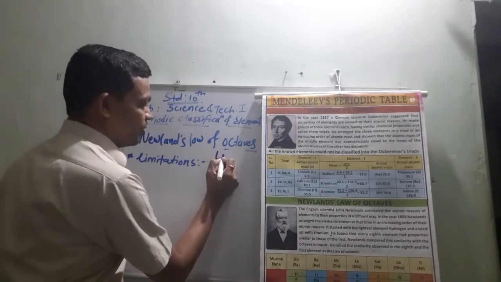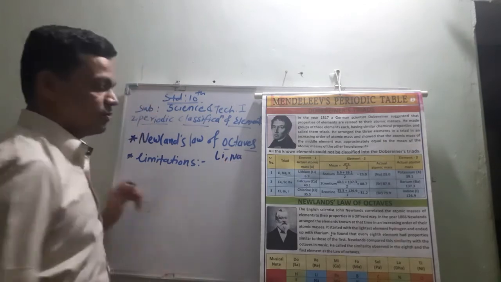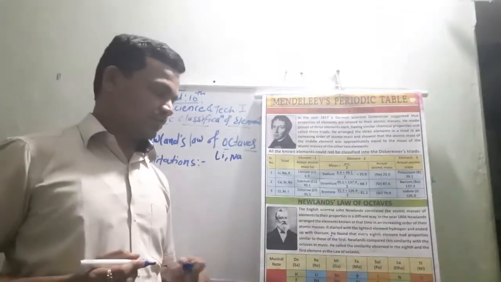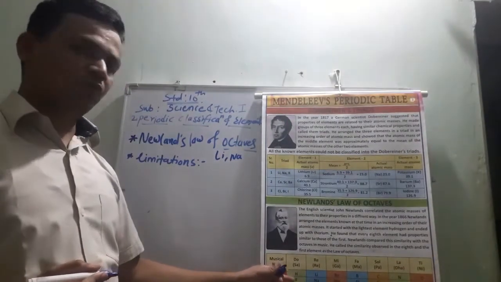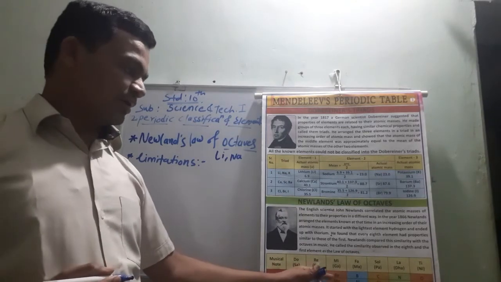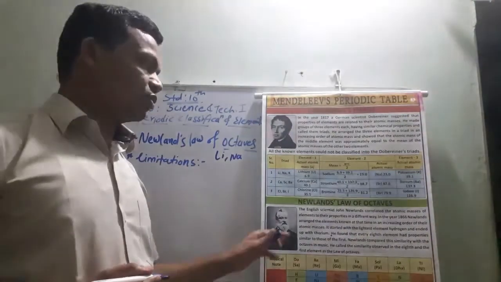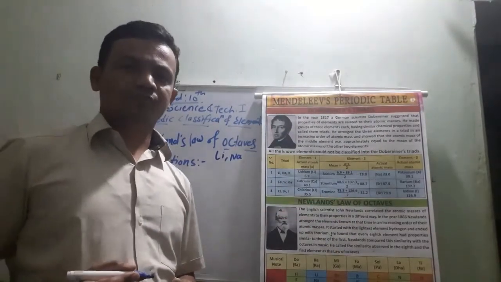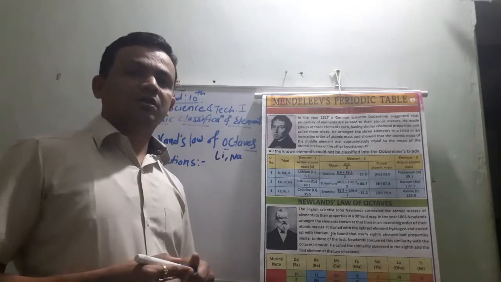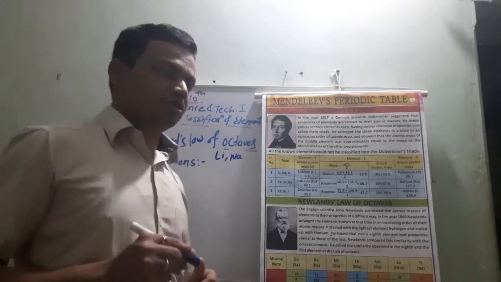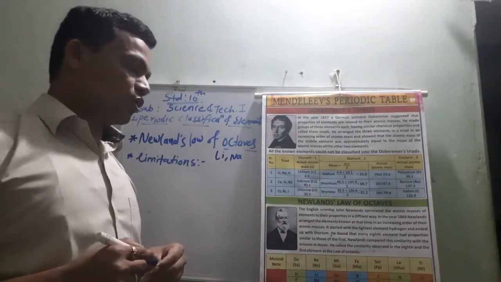Therefore, the properties of lithium and sodium are similar. In the same way we have seen fluorine and chlorine, or magnesium and calcium. Different examples we have seen that follow the law of octave. But there are some limitations in the law of octave.